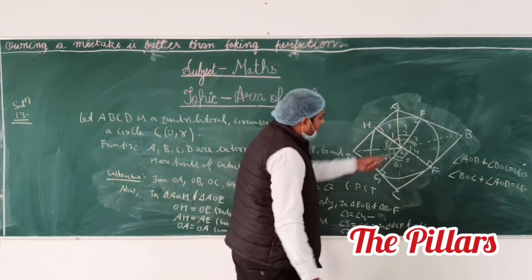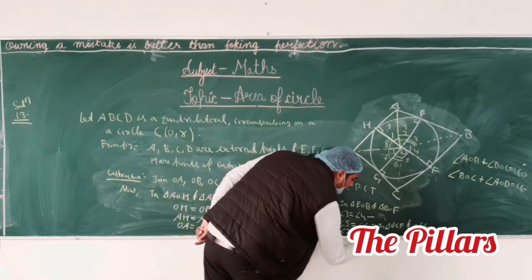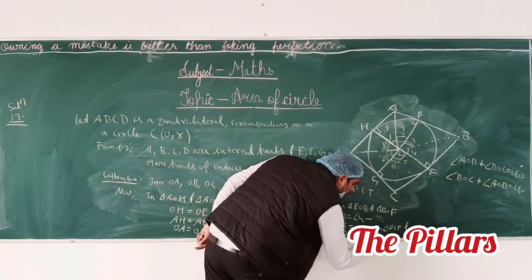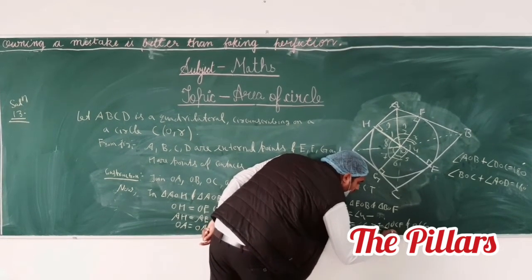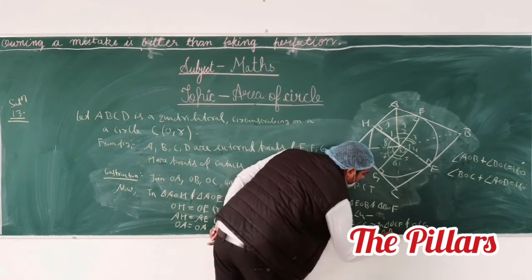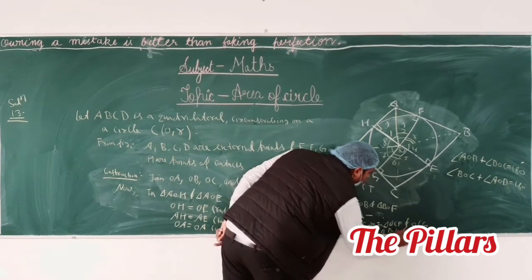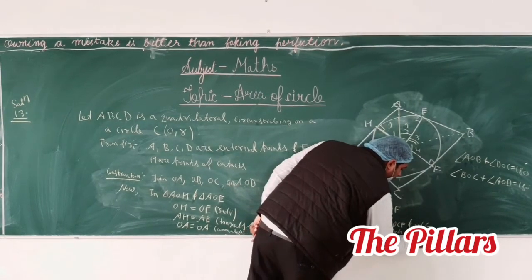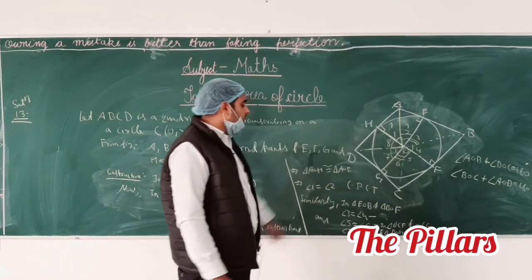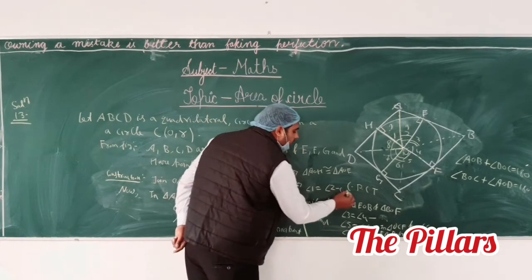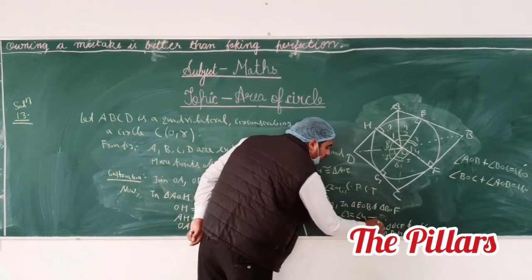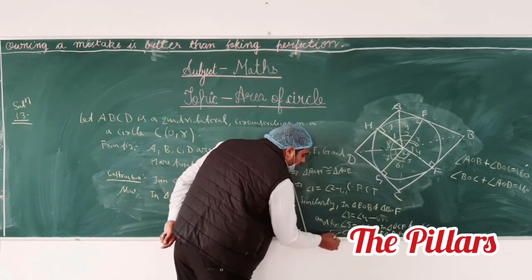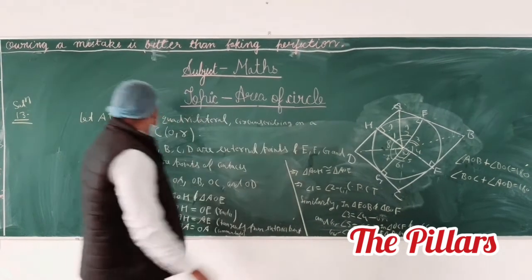Same in triangle OGD, in triangle DOG and ODH. Anyone have any problem? Now mention the equations. This is equation 1, this is equation 2, this is equation 3, this is equation 4. Till here, anyone have any problem?